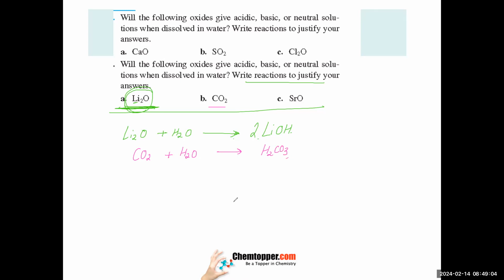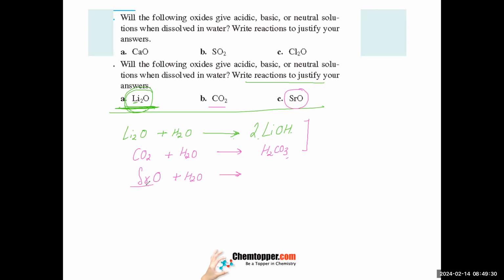H2CO3. Okay. SrO. Metallic, non-metallic. All these reactions fall in the category of acid base reactions also, and they are combination reactions. Water.